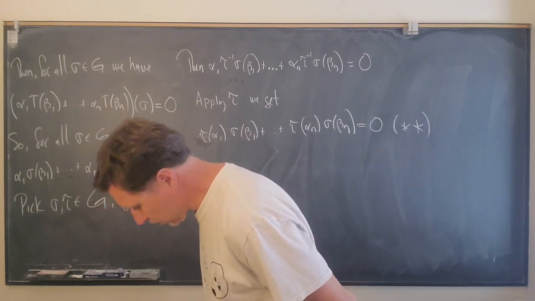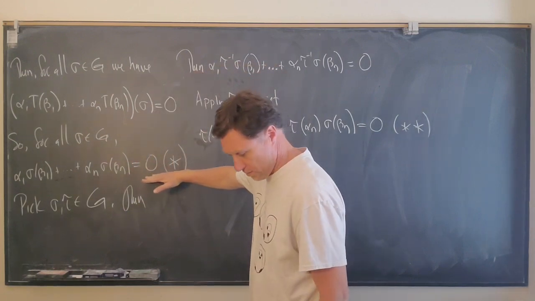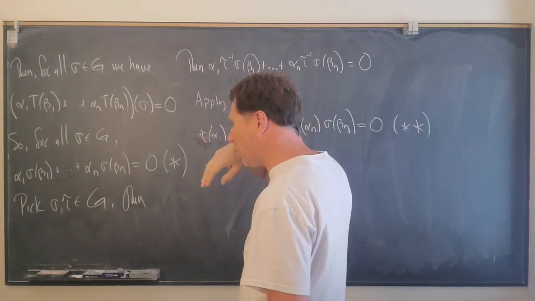Okay. So now I'm going to multiply my star equation by tau of alpha 1.